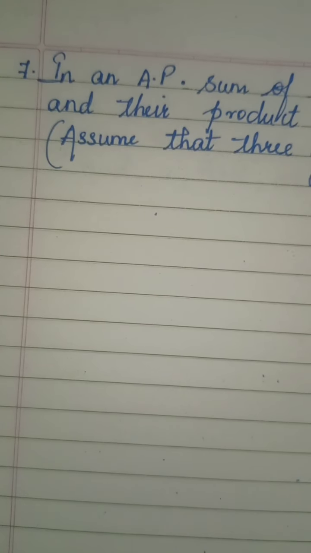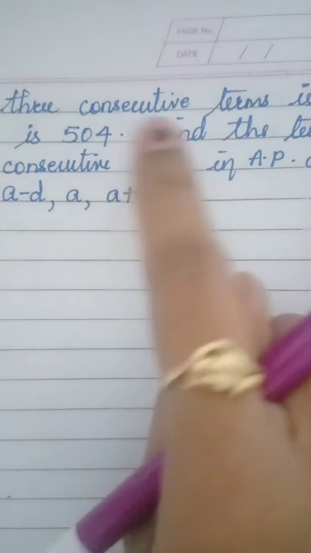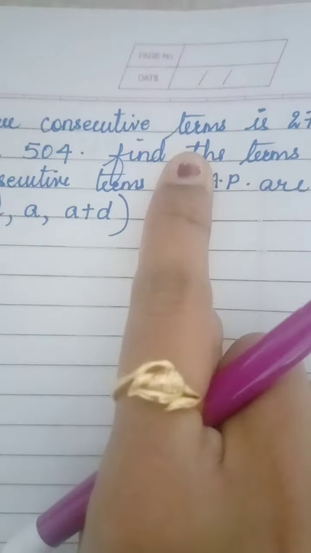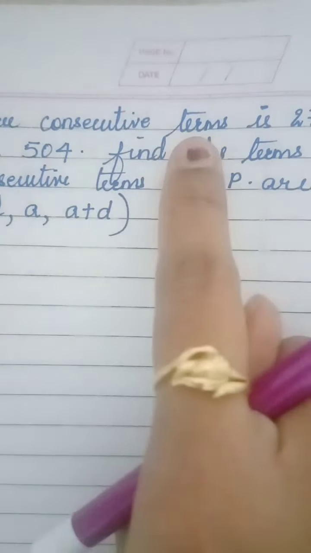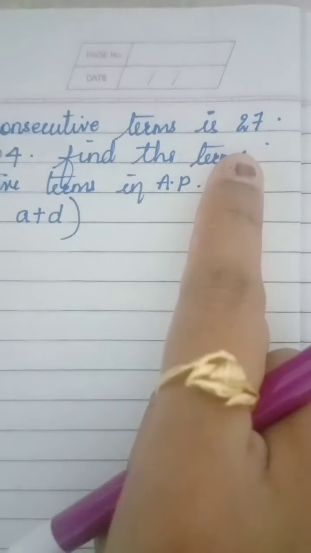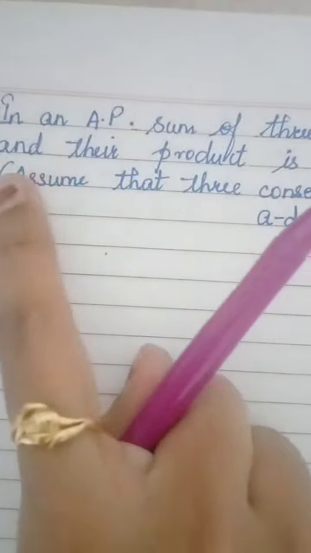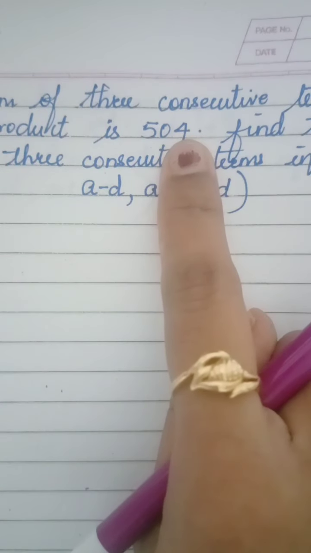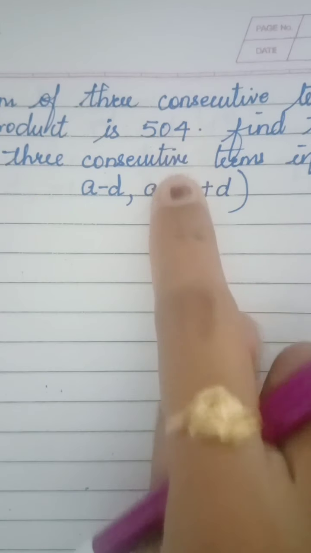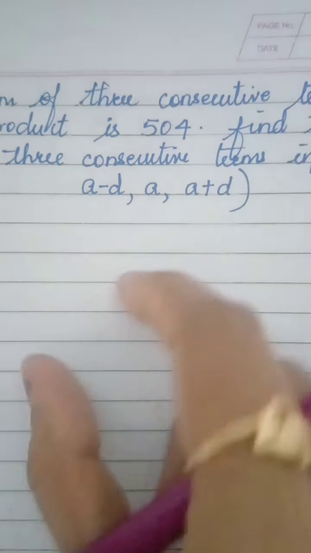The question says, in an AP, sum of 3 consecutive terms. Consecutive means one after the other. Such 3 terms when you add, the sum is 27. And their product is 504. Product is 504. You have 3 terms, one after the other.